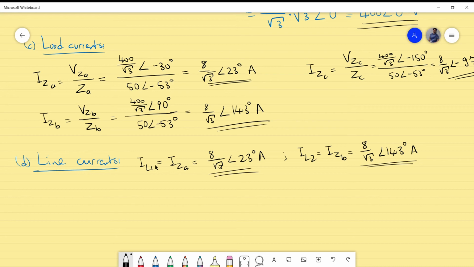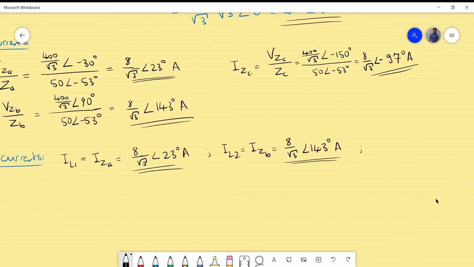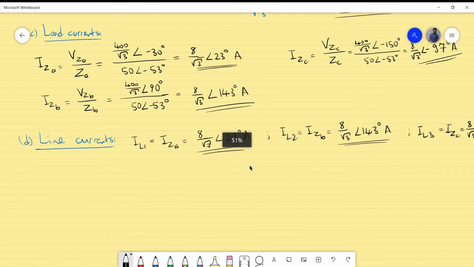And the last one, IL3, will be IZ of C, which is 8 divided by square root of 3, phase of minus 97 degrees, in amperes. Alright, that's it for this, and we are done with the line currents.